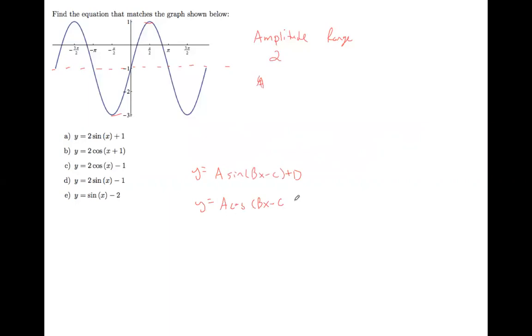And again, I always like to do bx minus c. If you prefer to do bx plus c, that's fine. It's going to be a sine or a cosine. Since the amplitude is 2, a has to be plus or minus 2. So it could be flipped upside down, but the absolute value of our a has to be 2, because that amplitude is 2. Since we go from -3 to 1, that's a height of 4, and half of that is 2. So that eliminates choice E.